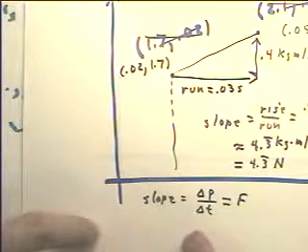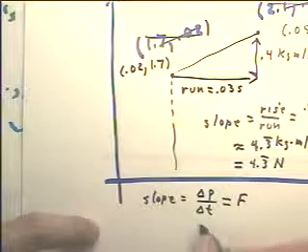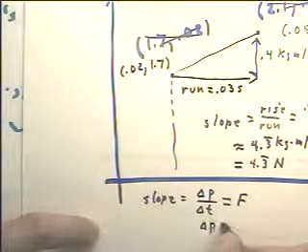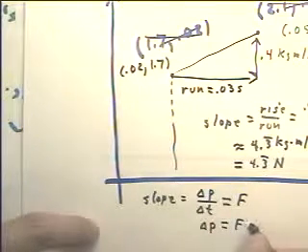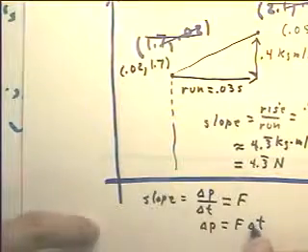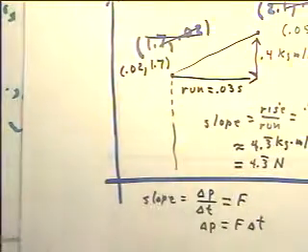Does that make sense? Well, it certainly does if you remember the impulse momentum theorem that says that the change in momentum is the product of the force and the time interval.